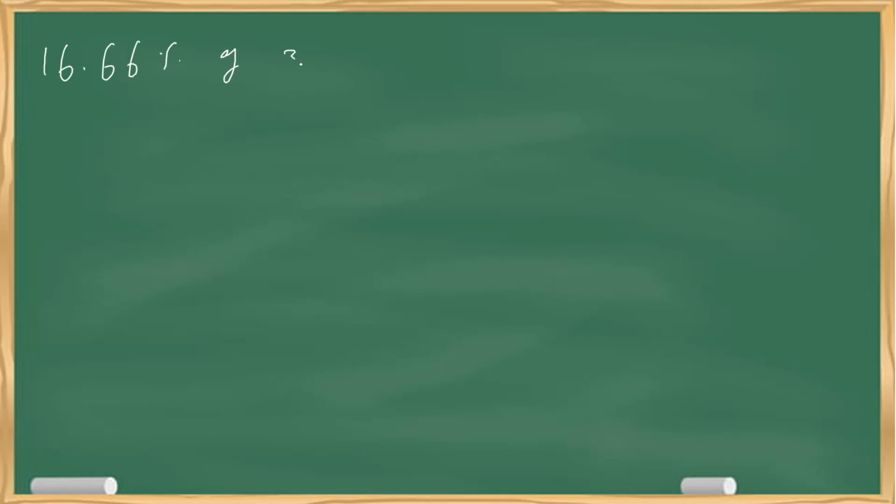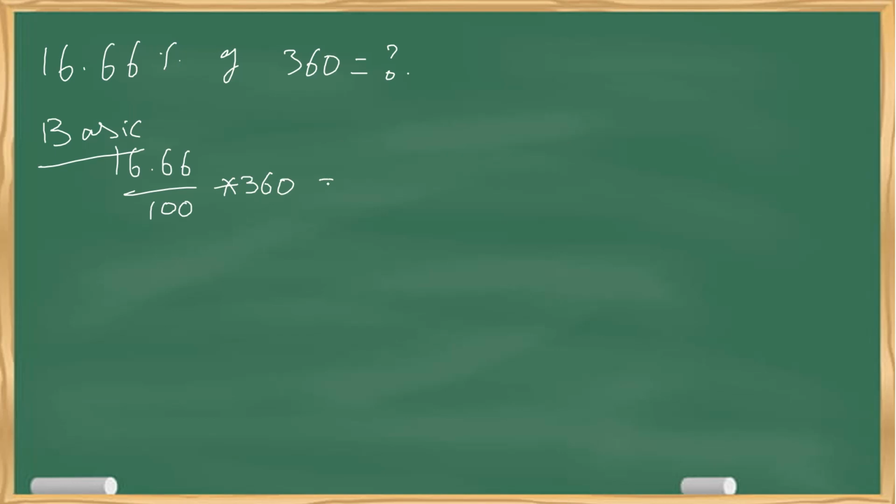16.66% of 360 is equal to how much? Now somebody will ask a question like this. No, you need to understand the basic traditional method. The basic traditional method is 16.66 by 100 into 360. When you solve this, definitely you will get some decimal value.